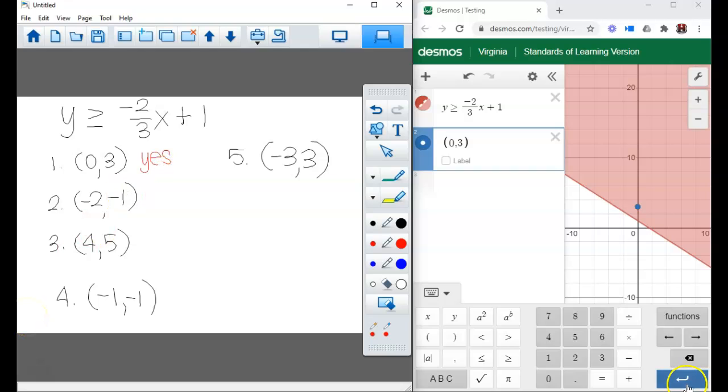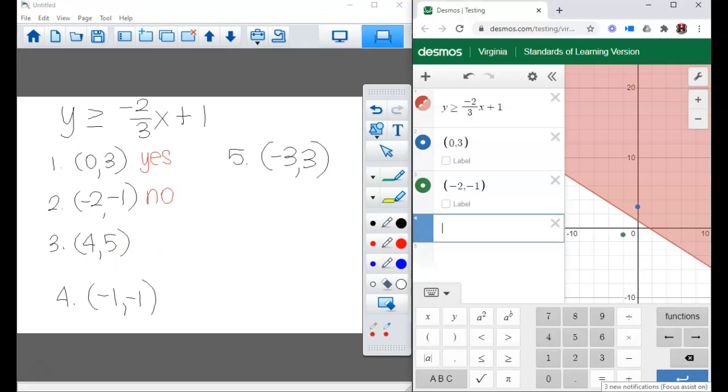Okay, let's go ahead and leave them up here. Let's do parentheses, negative 2, comma, negative 1. We're looking for the green dot this time, and here he is. He is not in that red shaded area. So he is a no.